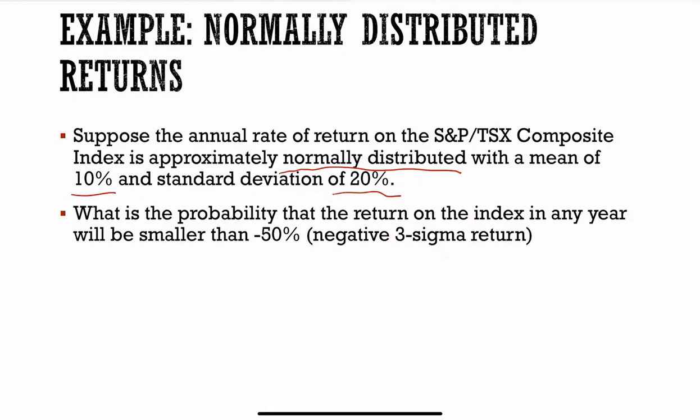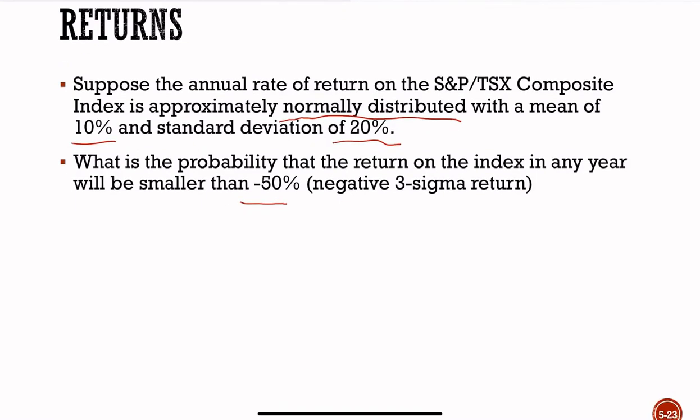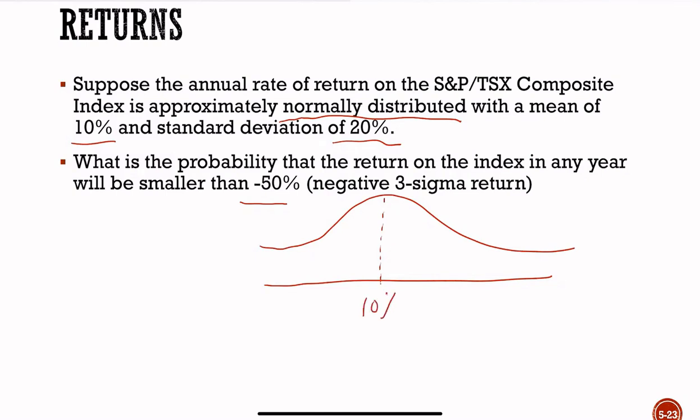Now, what is the probability that the return on the index in any year will be smaller than minus 50%? So if you draw out the bell-shaped curve, then you would know that its mean, which is the center of this curve, should be 10%.